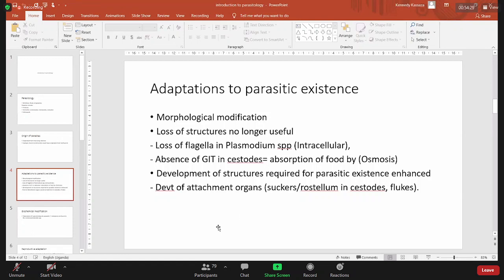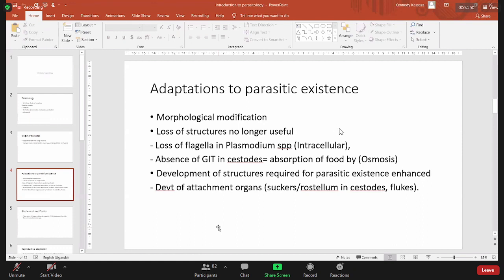Then free-living organisms developed structures that were required for parasitic existence. For example, they needed attachment organs.